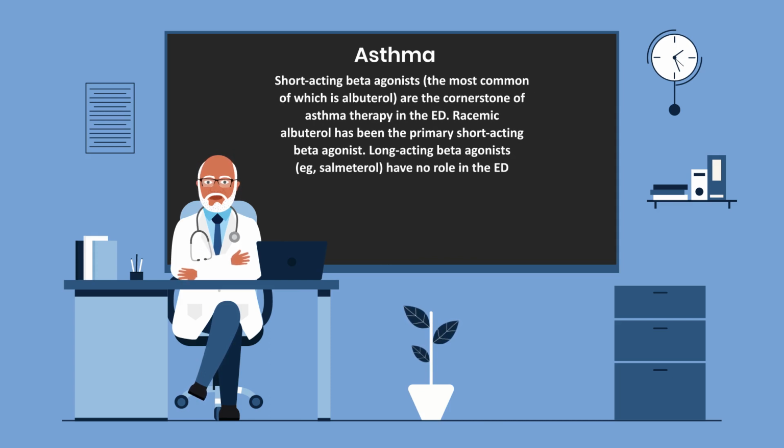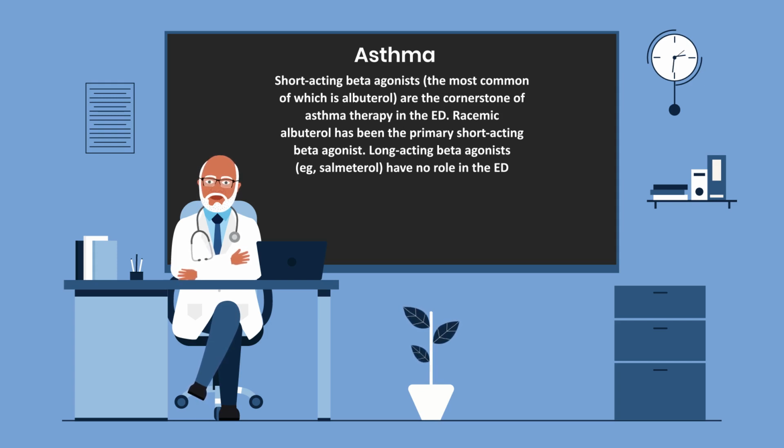Now, let's talk about the treatment. Short-acting beta agonists are the cornerstone of asthma therapy in the ED. This is the most common medication that is used for acute asthma exacerbation, and albuterol is the most common one.